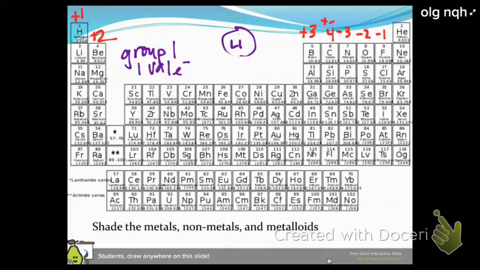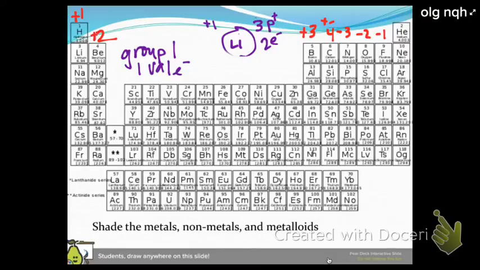If they've got 3 protons and now only 2 electrons, what's their charge? Plus 1. Is that lithium's charge on the periodic table? Yes. And is that the charge for all the rest of the group 1 elements? Yes. So that's where the charges come from.